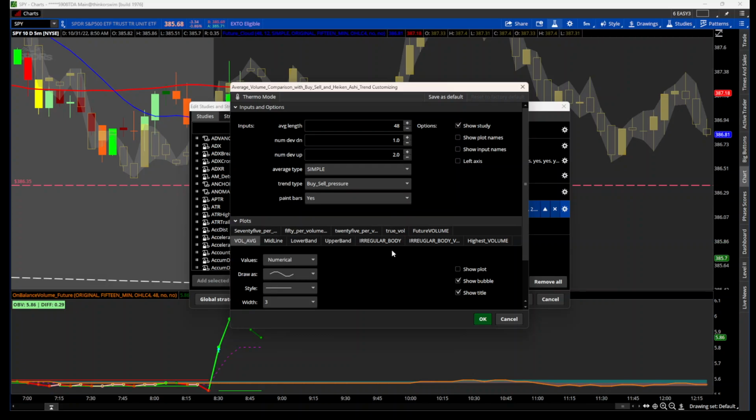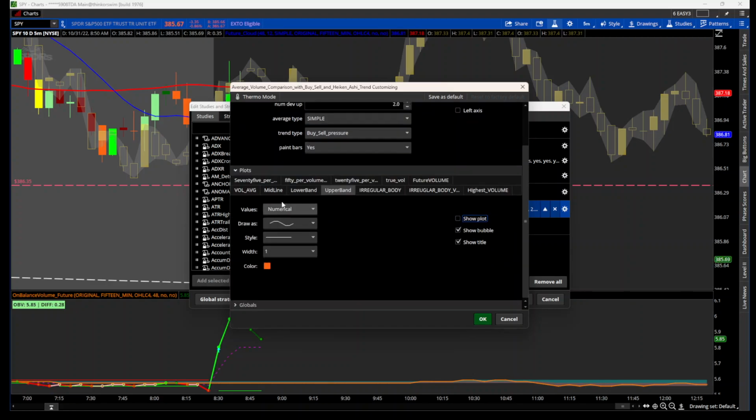I have it set at 48, and I actually need to get rid of these bands that I had put on there. Yeah, we're going to get rid of those, and I'm going to push these back up on there, and highest volume, so everything should be good.